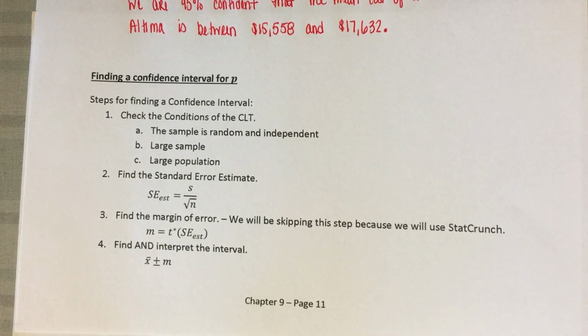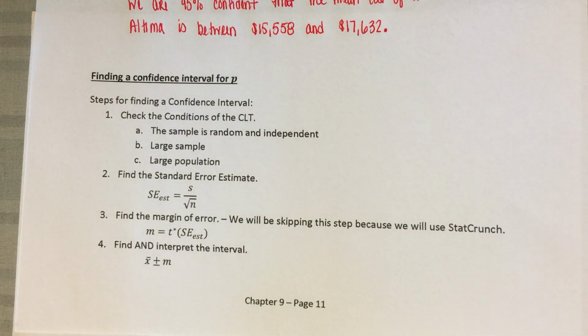To save a little bit of time, we're not going to worry too much about finding and calculating our t-star value. Just know that it's similar to our idea before, but it's based on a slightly different distribution, which we'll talk about. Instead of doing these calculations by hand, like we did in section 7.4, we're just going to rely on technology.